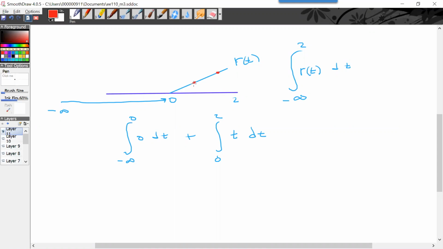But if you have limits here, you're going to get a trapezoid. But that'll come out in the math. The trick is at this point, this RT, when I start at 0, is t.